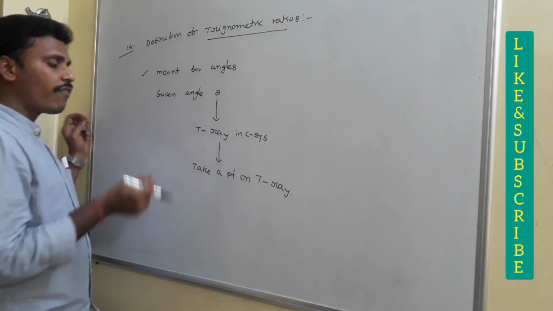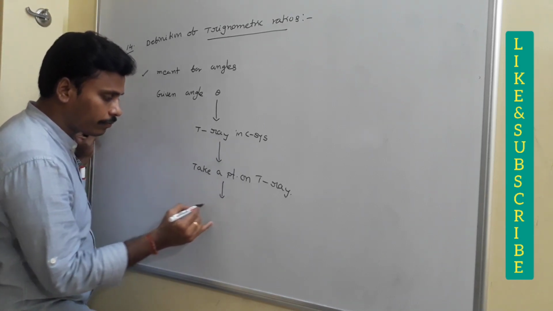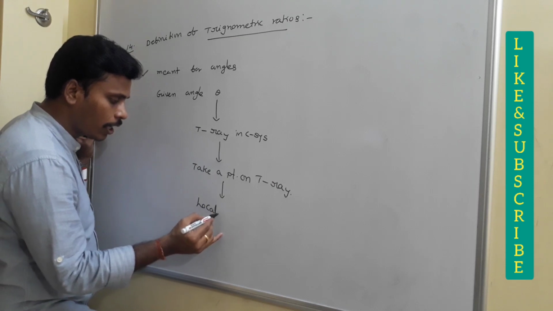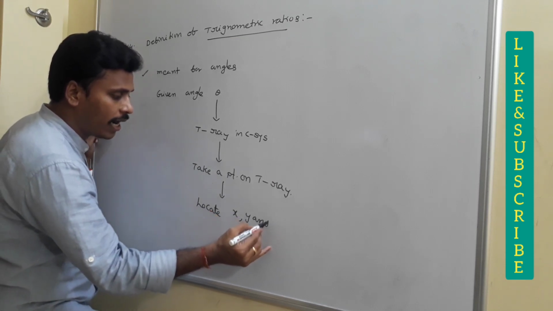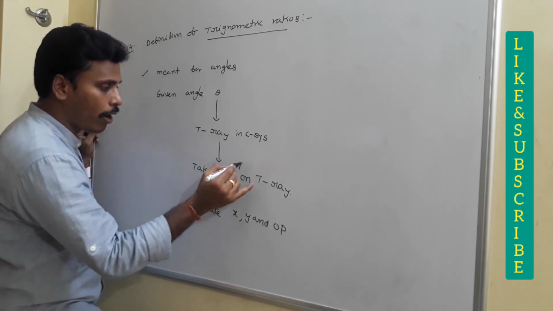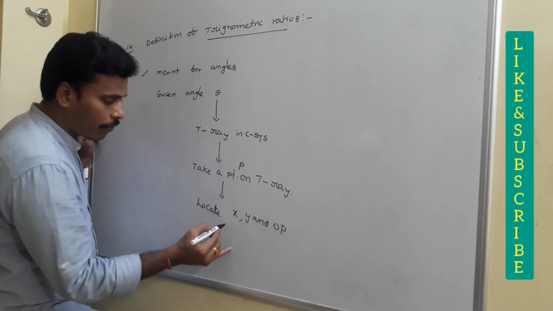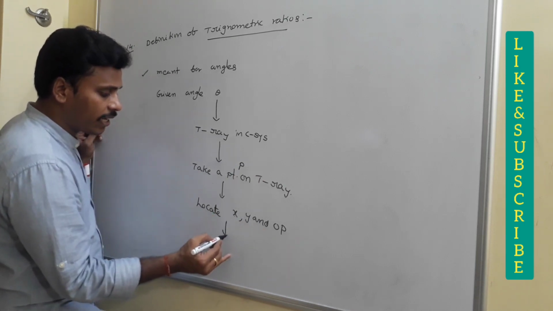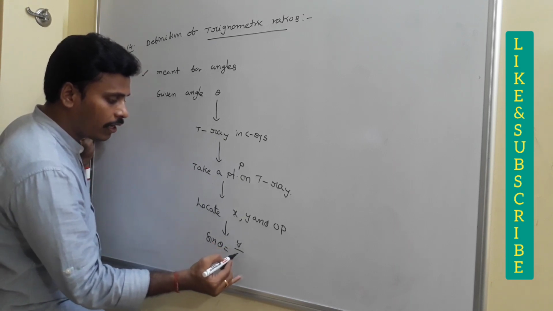If the point is x comma y, you need to locate a point P on the terminal ray. You need to locate x, y, and OP. From there, we can define sin theta as y by OP.